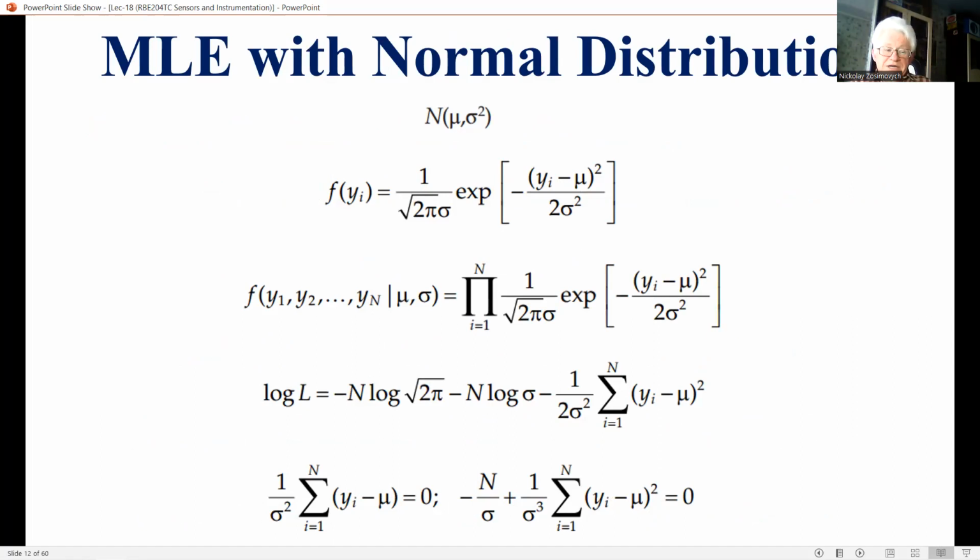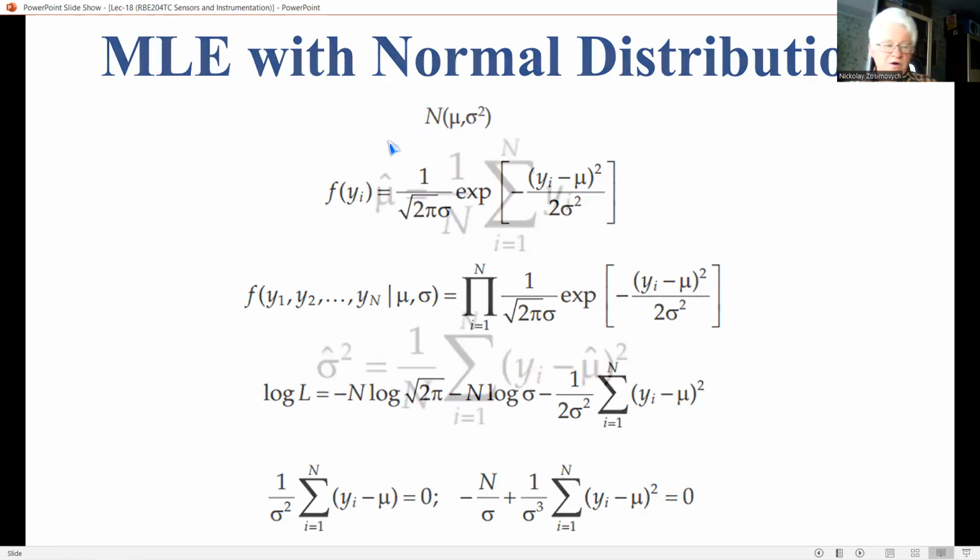Consider a random data set y1, y2, up to yn, and suppose that the random variables y sub i are independent with normal distribution with mean mu and variance sigma squared. Say, we have a normal distribution here with mean mu and variance sigma squared.